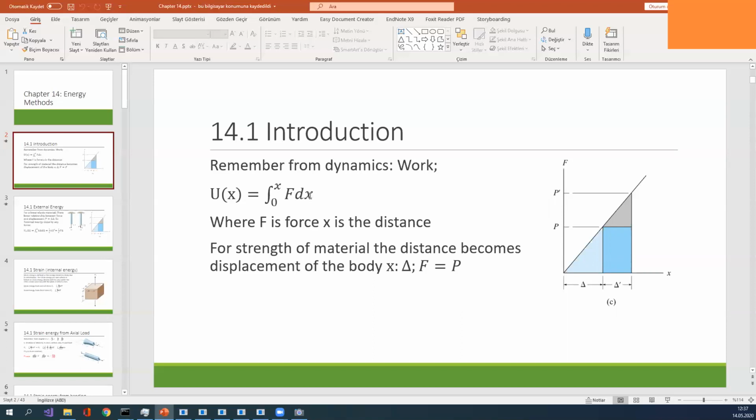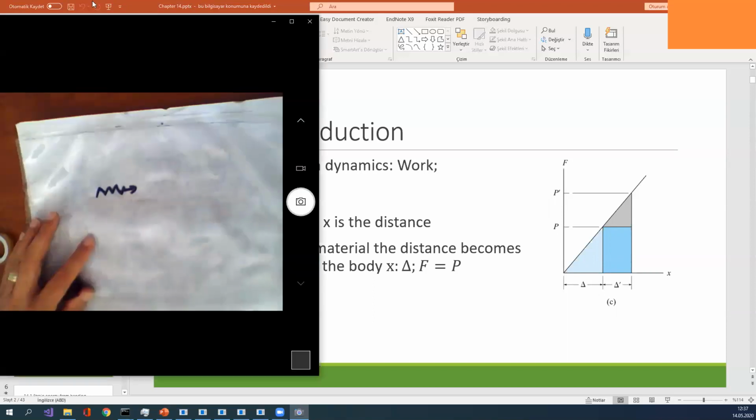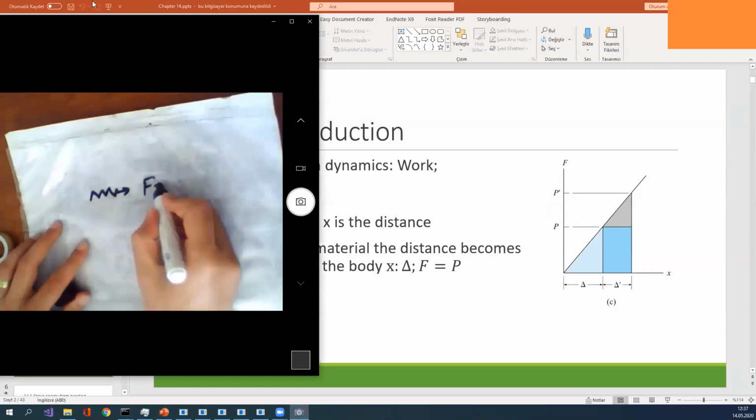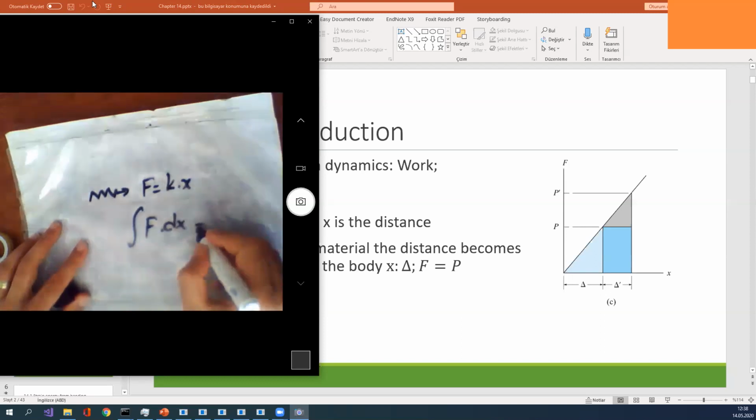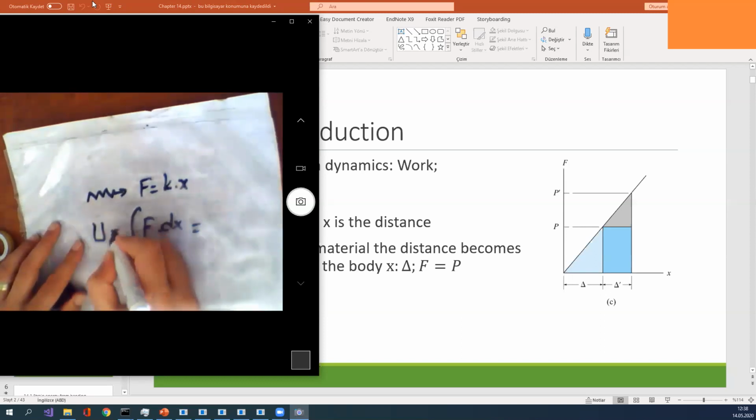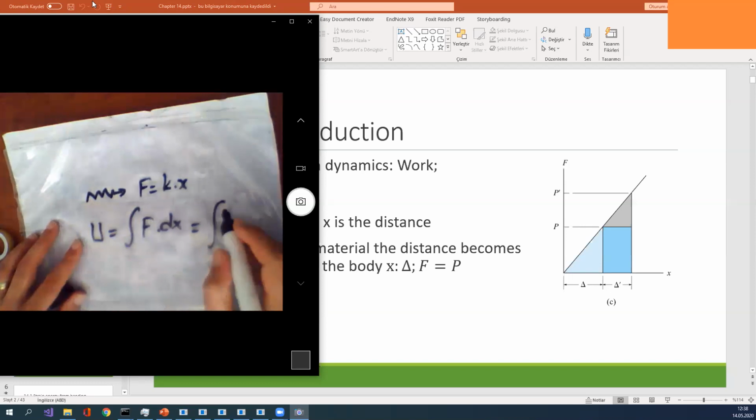Also, maybe in the spring force, you remember that F is equal to K times x. In the spring force, F is equal to K times x, therefore the integration is F times dx, and I want to represent this work as U, the integral of Kx dx.